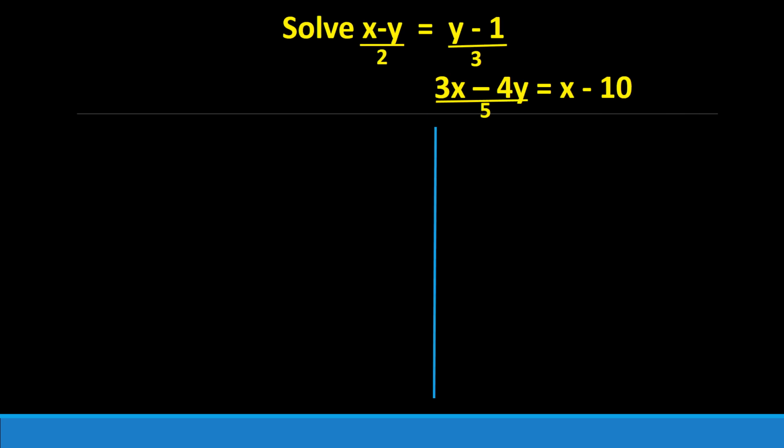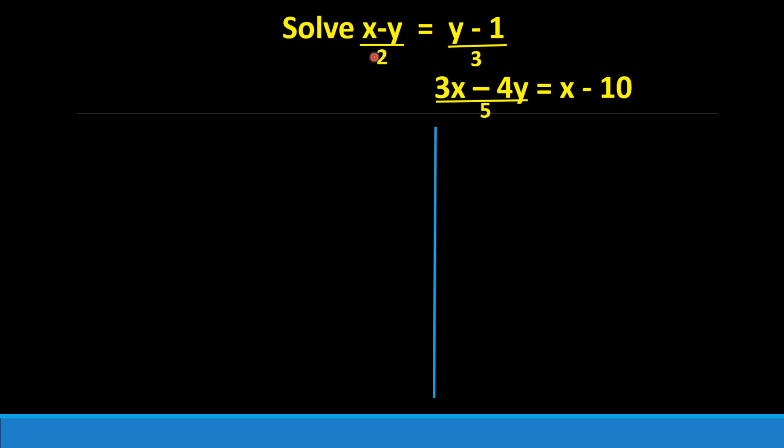And next, let us solve a different question. Here we are asked to solve (x minus y) divided by 2 is equal to (y minus 1) divided by 3. And the second equation is (3x minus 4y) divided by 5 is equal to x minus 10. Let us consider the first one.